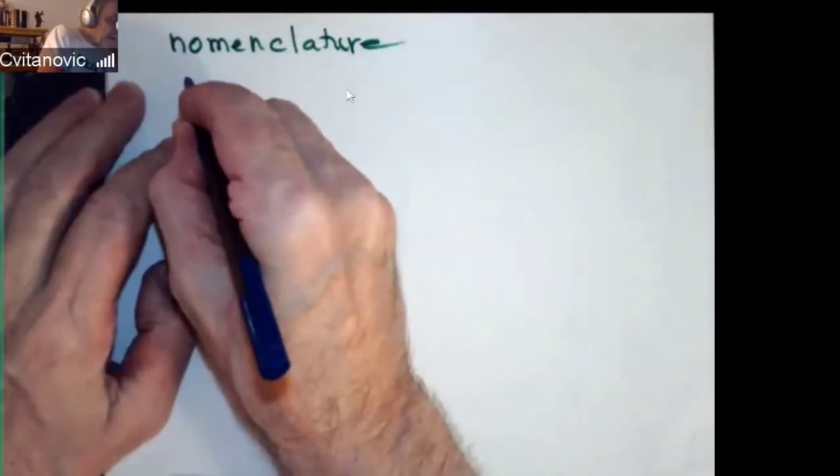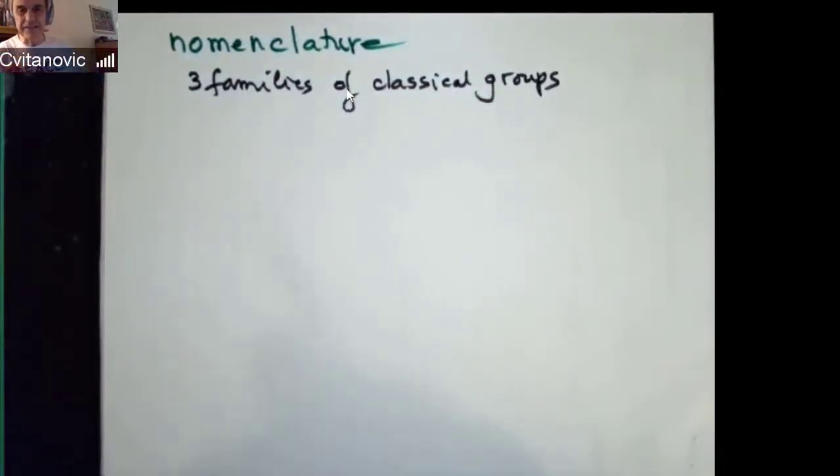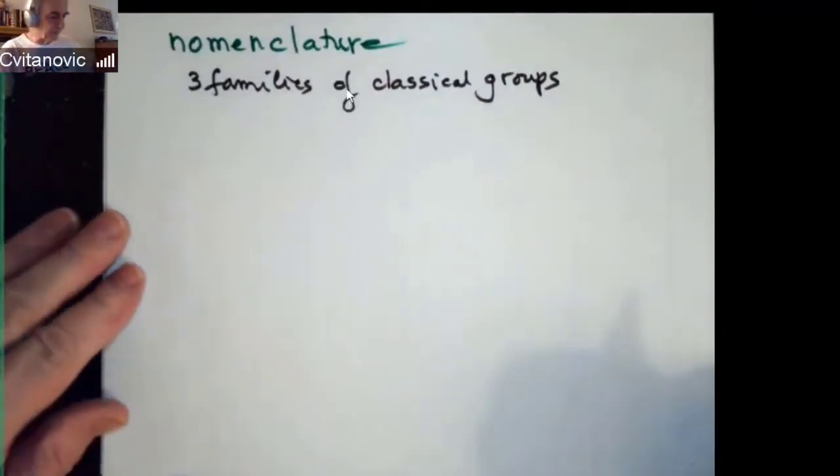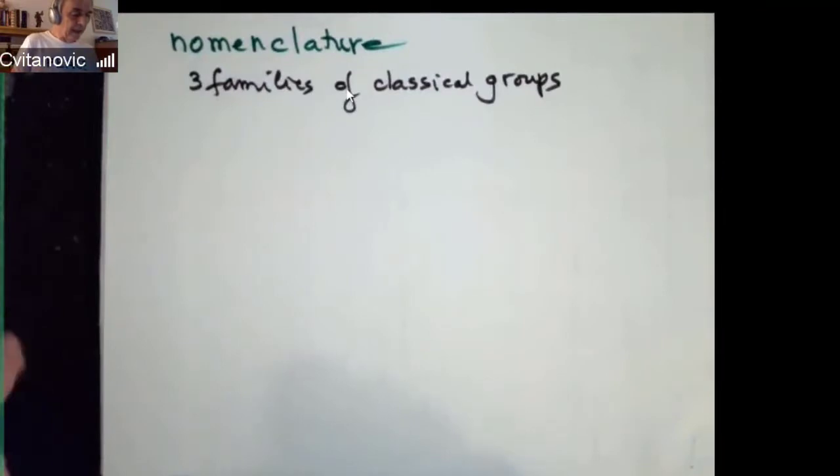There are 3 families of classical groups, and then there are 7 exceptional groups. In this course, we don't care about exceptional groups, only classical groups. And they're defined by what they preserve as an invariant.